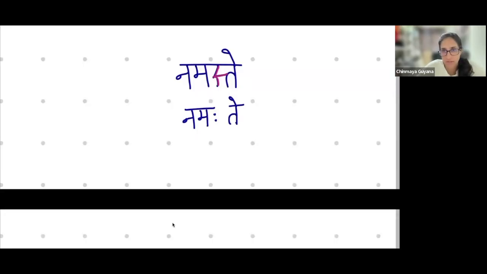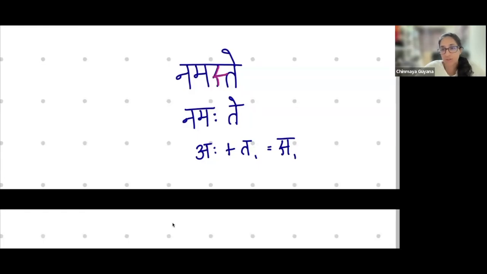Did everybody get that? Namaste. The sahalant is going to turn back into a visarga, and you're going to have namaha te. This namaha te, now you check the rule. Is it true that aha plus the equals sahalant? That means you got it right.